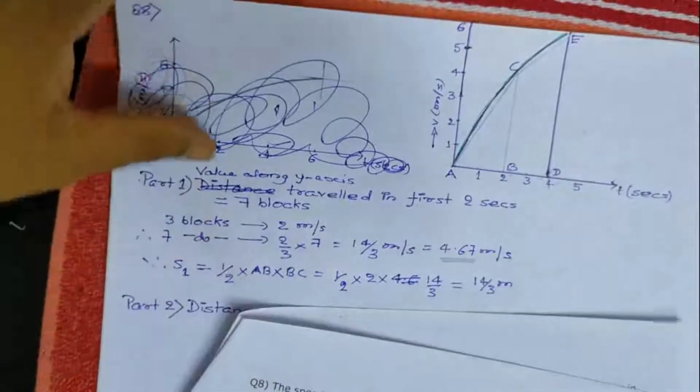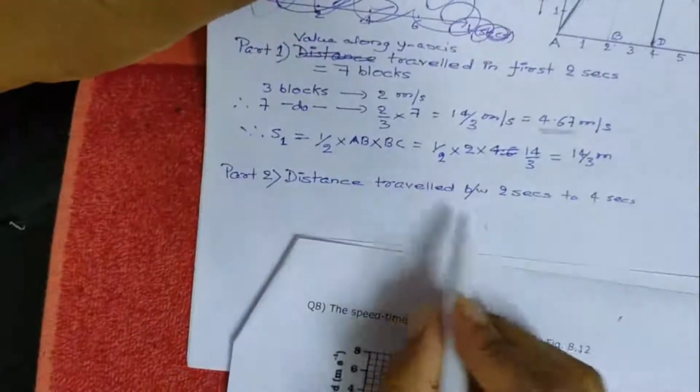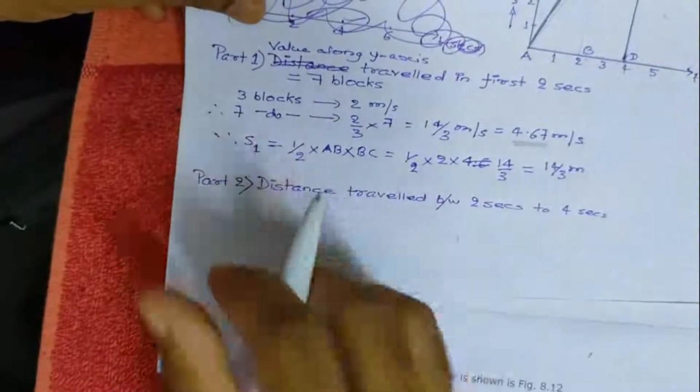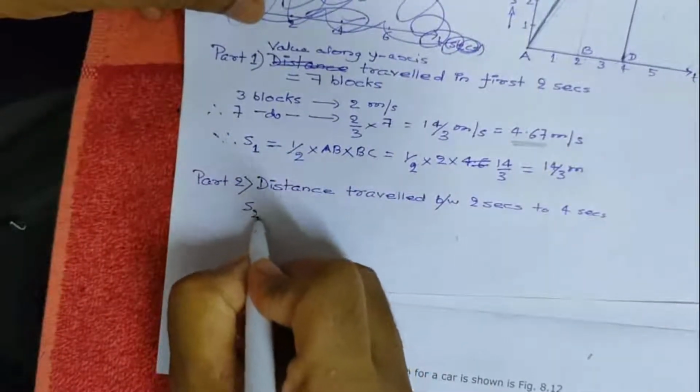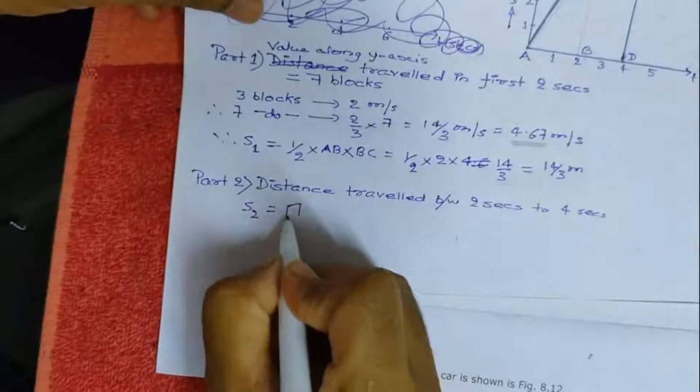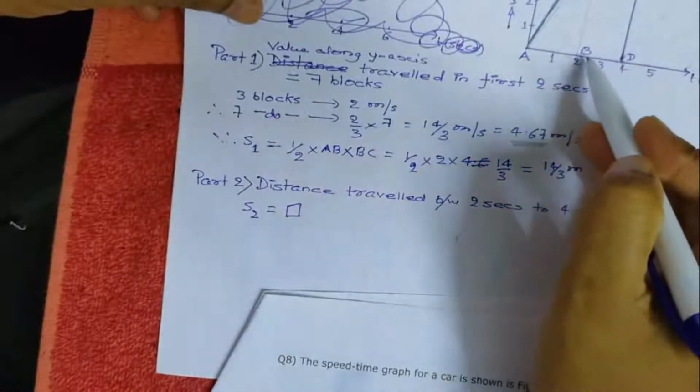Fine guys, now let us calculate distance traveled between 2 seconds and 4 seconds. This is very simple. Let us call it S2. What is S2? Area of the trapezium. What is the name of the trapezium? BCED.